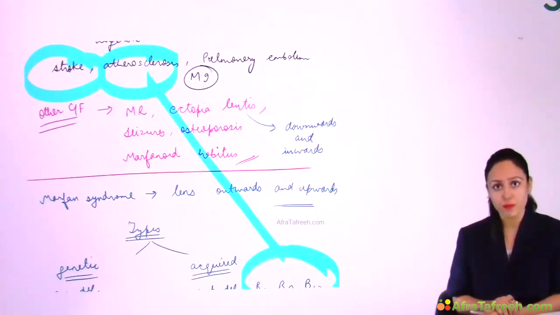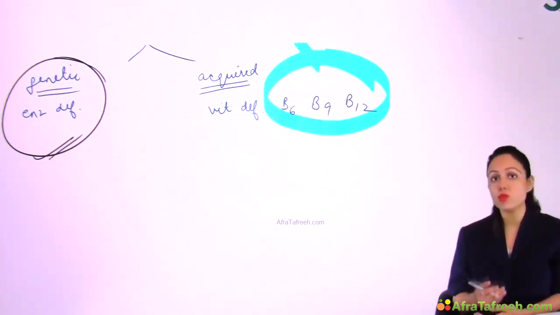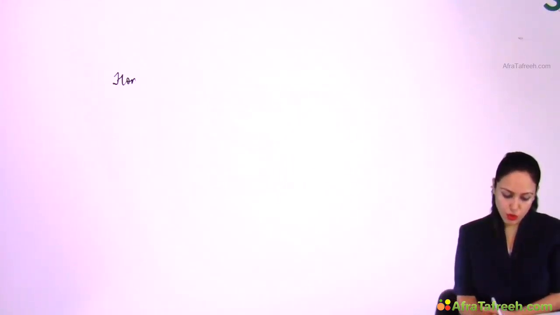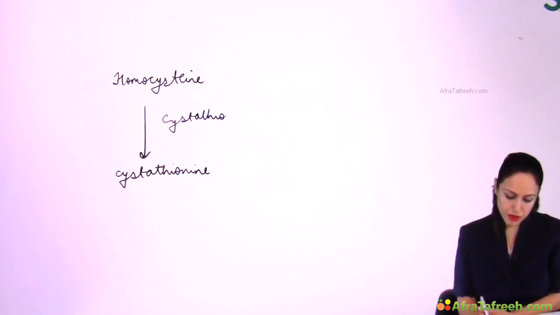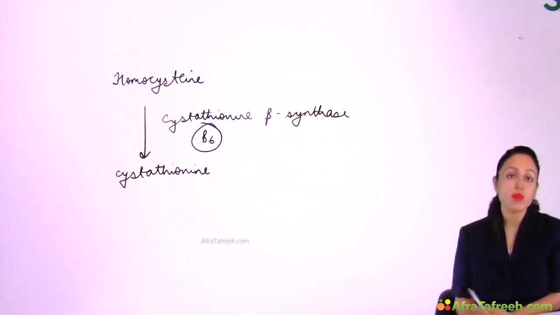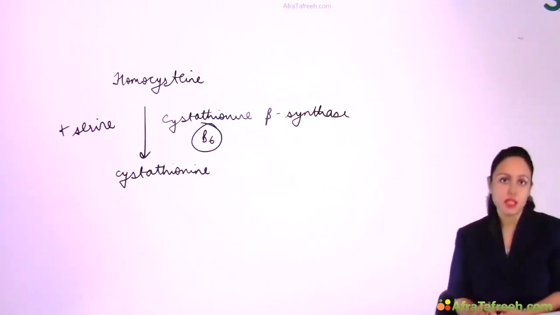levels checked, right? Now one, genetic homocystinuria, is left, and I'll be taking it after I tell you the synthesis of cysteine. So look here, I was telling you this route of homocysteine. Homocysteine is converted to cystathionine with the help of the enzyme cystathionine beta synthase, and I told you this enzyme requires vitamin B6 and also requires one amino acid, serine, right?